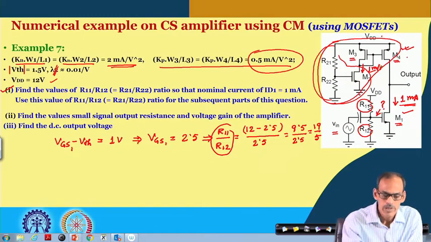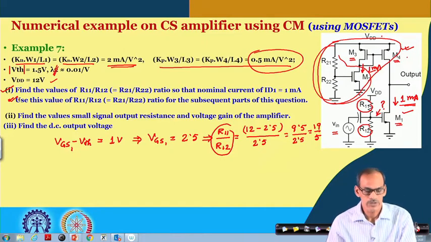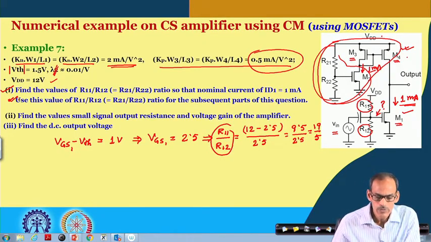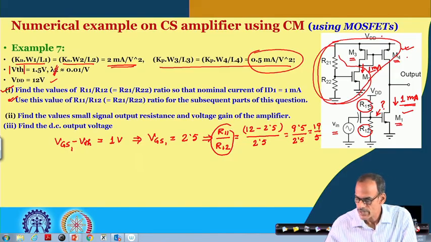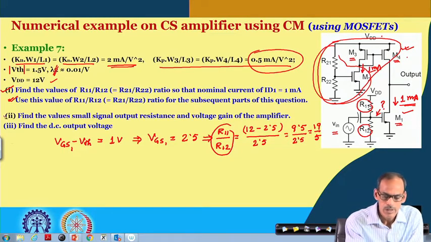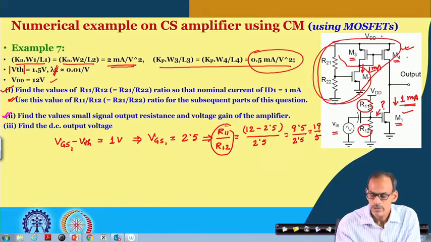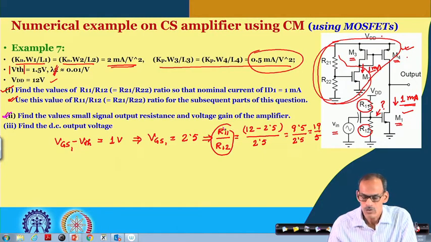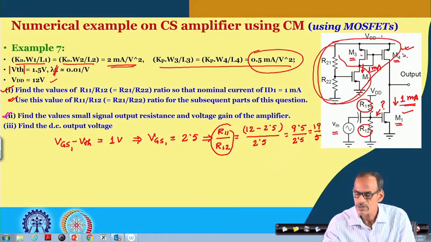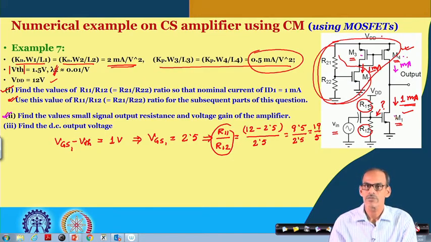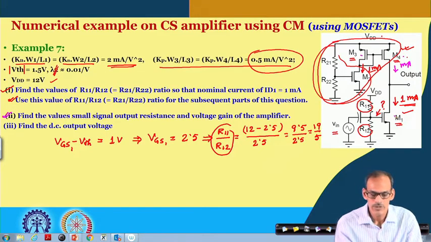Okay. So, we are using the same value of this ratio, and for the subsequent part let me consider this ratio. Now, the next step is that we need to find the small signal output resistance and the voltage gain. We are expecting this will set the current here to 1 milliampere, keeping both transistor 1 and transistor 4 in the saturation region of operation.